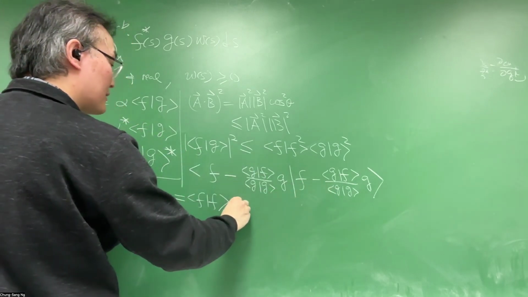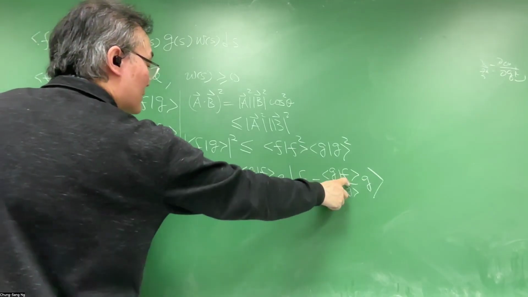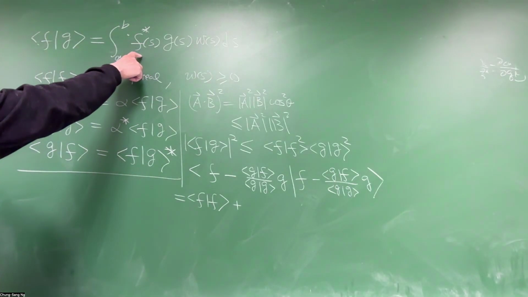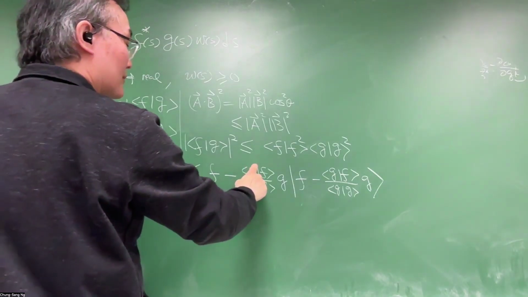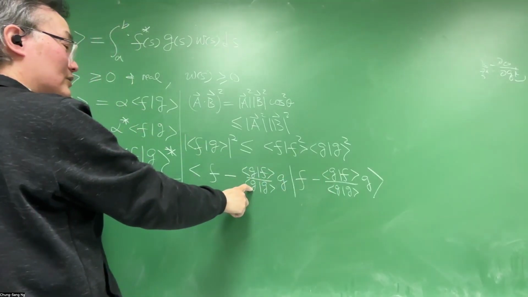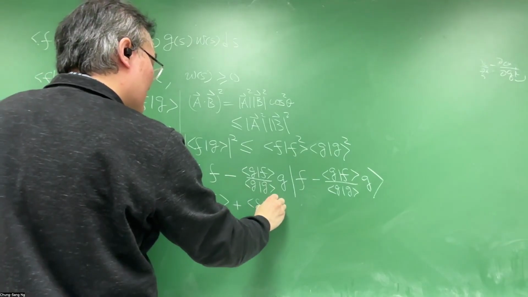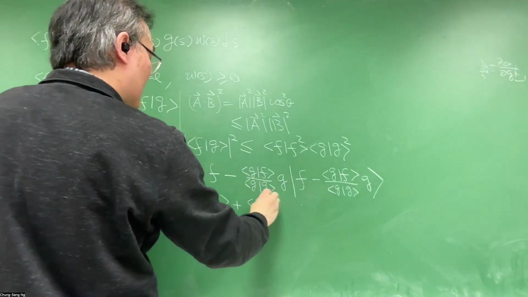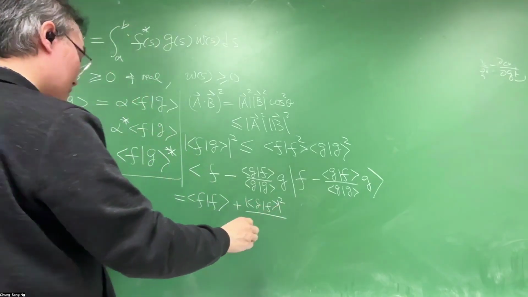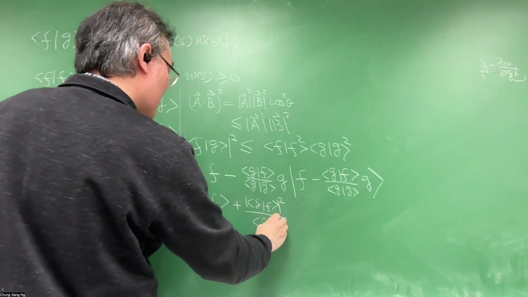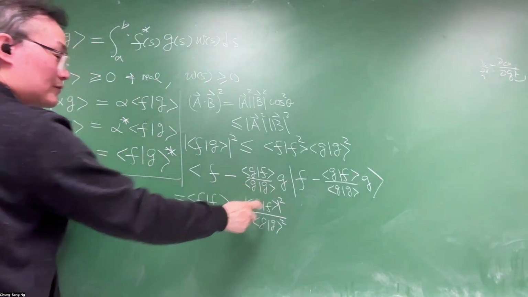And so you have plus, when you put in the formula of the scalar product, this one multiplied by the complex conjugate of this one, so it's the complex conjugate squared, the scalar product of F and G squared, divided by the scalar product of G with G squared. And the scalar product of G with G is real, by definition.